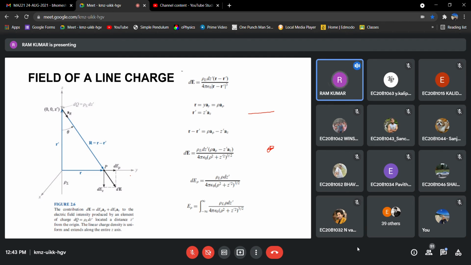Now, as per the formula, we know very well that it is q by 4 pi epsilon naught r square. If we convert the unit vector into a vector, it is the distance vector by the magnitude of distance cubed. What is the distance? The distance between the charge and the point where you are going to measure your field.